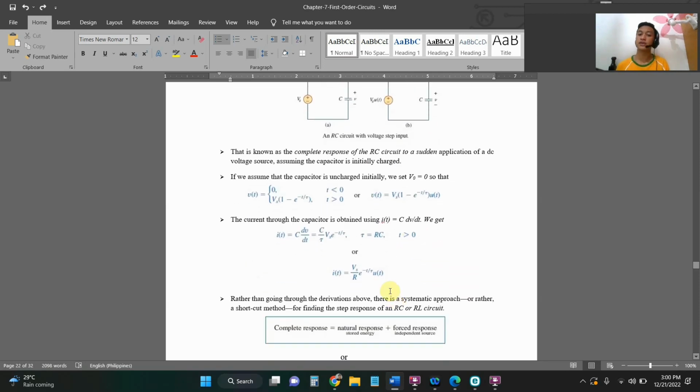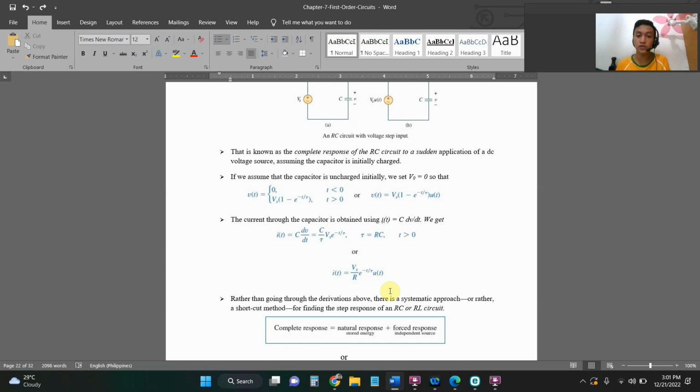So the current through the capacitor is obtained using I equals C dV/dt. So we can get that I equals C times dV/dt, which equals C divided by tau times V_s e^(-t/tau).